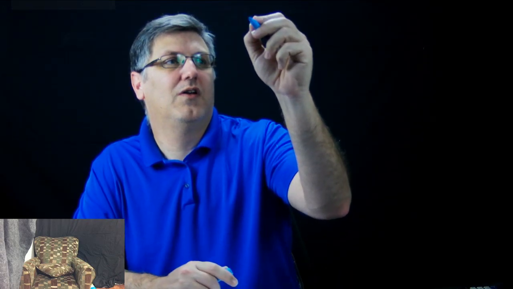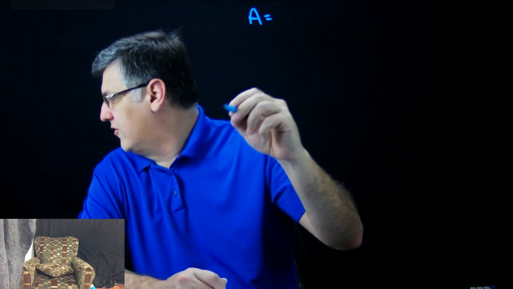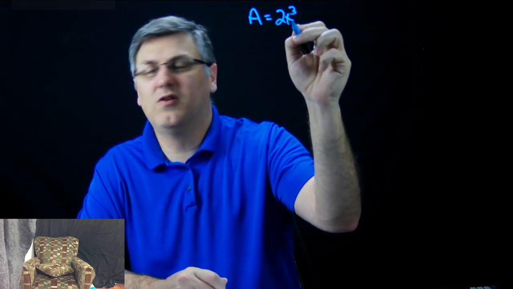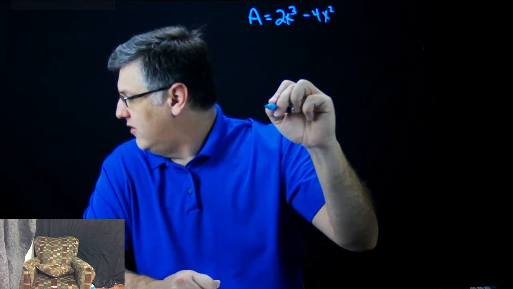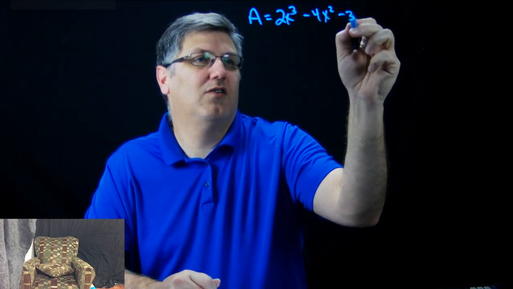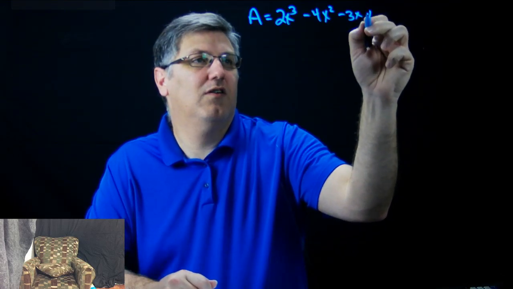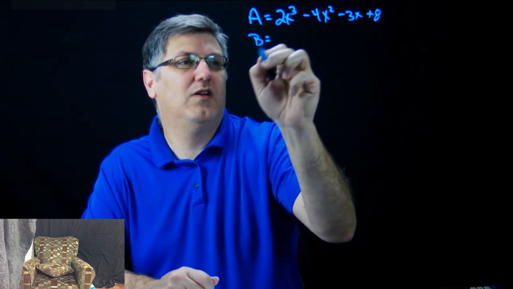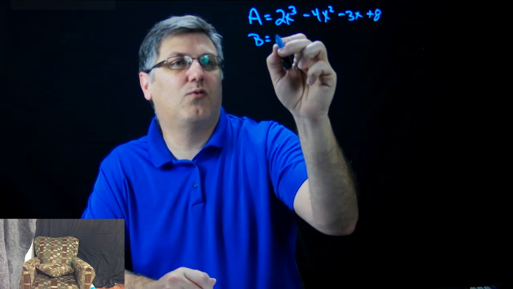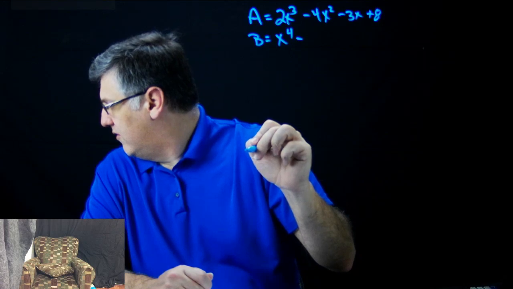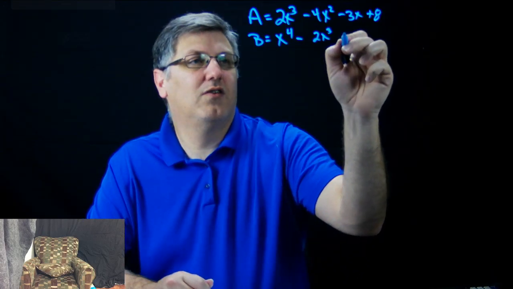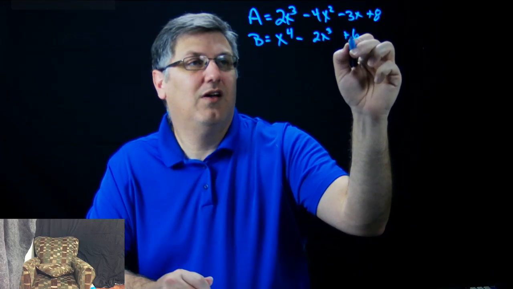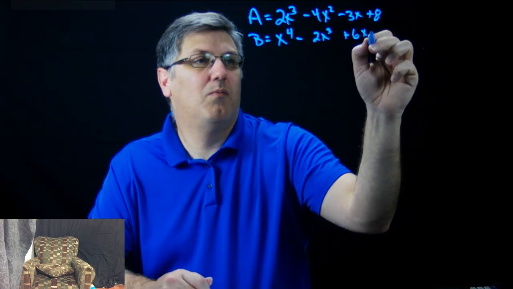All right. So I had somebody send me this question in an email. We have a equals 2x cubed minus 4x squared minus 3x plus 8, and b equals x to the fourth minus 2x cubed plus 6x minus 4.